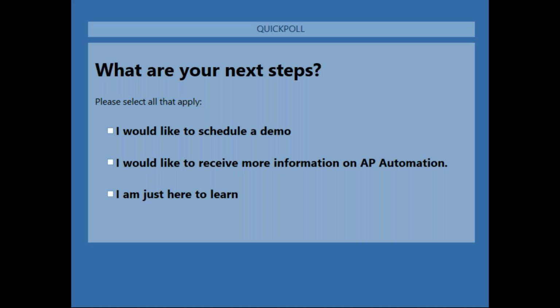Is there a minimum number of checks, and is there value in processing, for example, 100 checks a month? It's not so much the minimum number of checks or invoices. It's really how your AP department is set up. Do you have the staff to handle your current check volume?